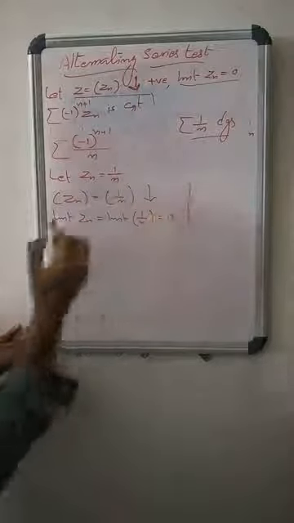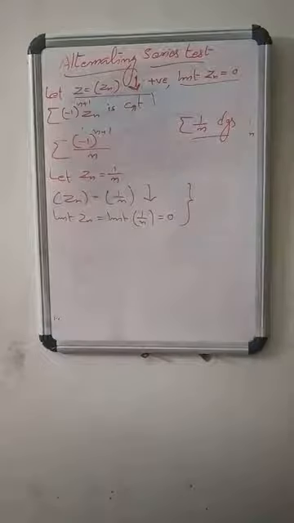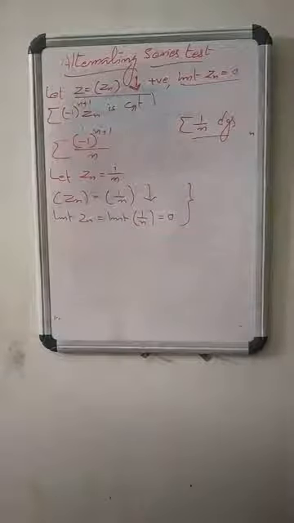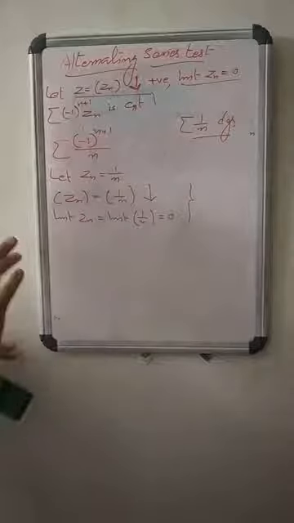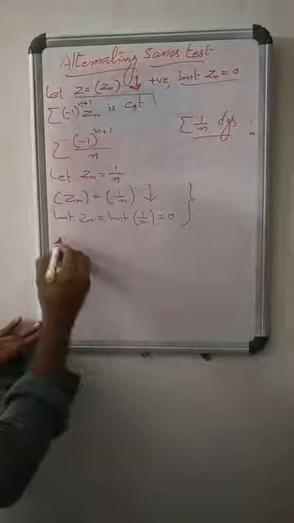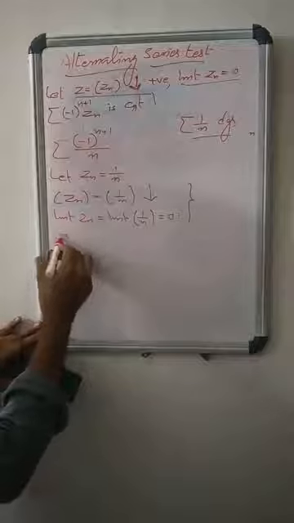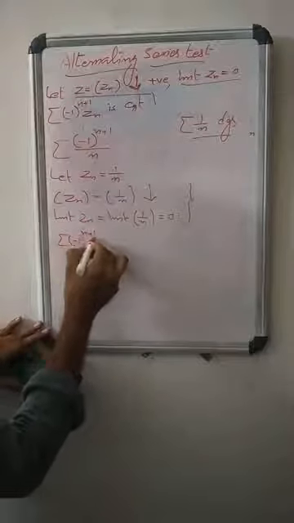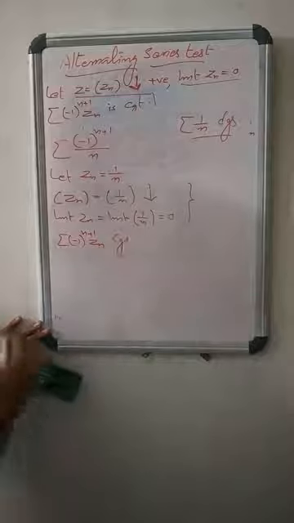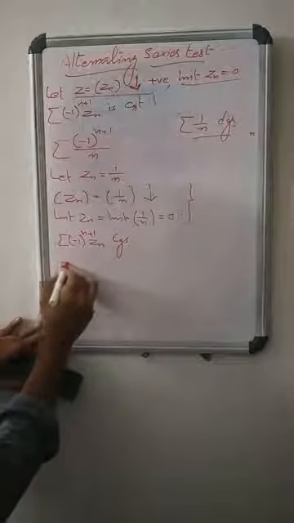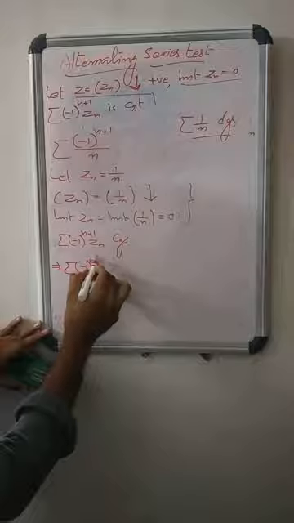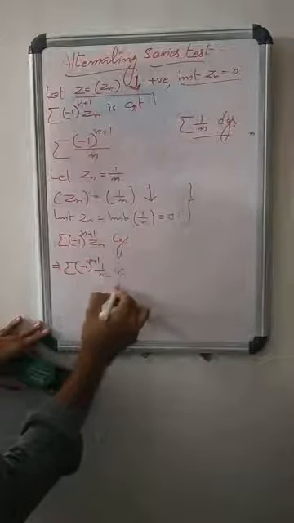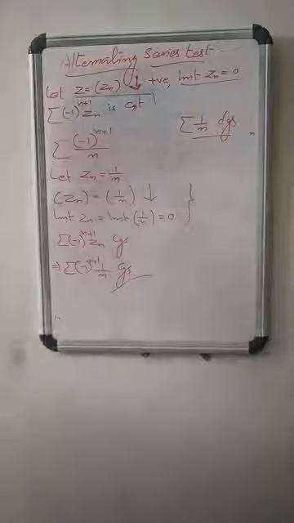Coming to these two conditions, z_n is a decreasing sequence of positive reals and limit z_n equals 0. Then by the alternating series test, sigma (minus 1) power n plus 1 z_n converges. So the alternating series sigma (minus 1) power n plus 1 by n converges, although sigma 1 by n diverges.